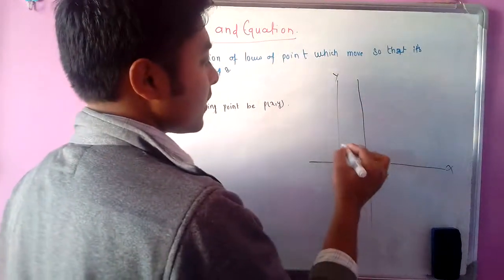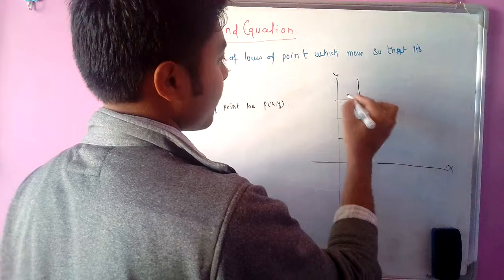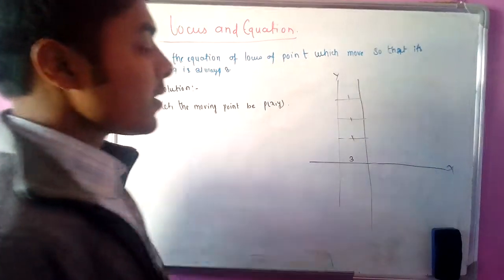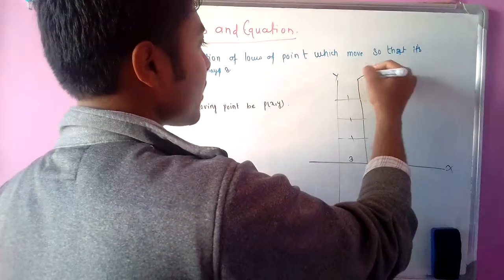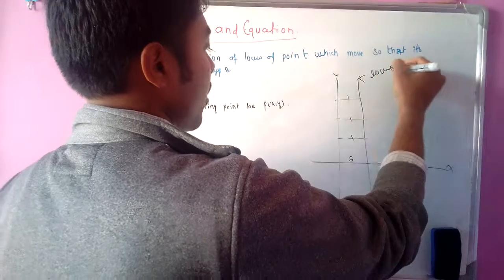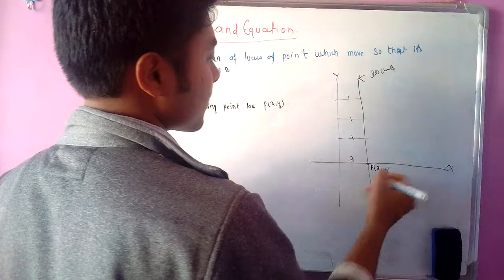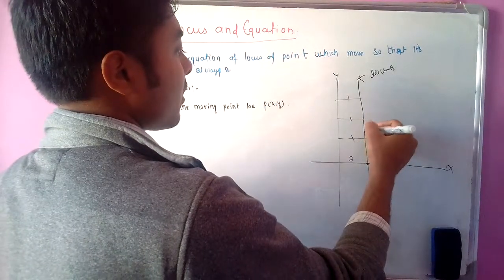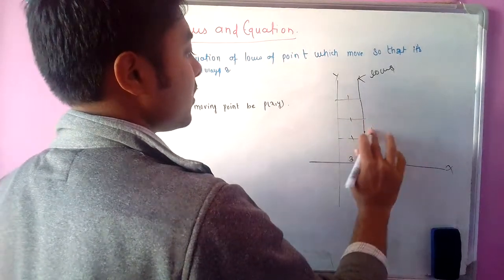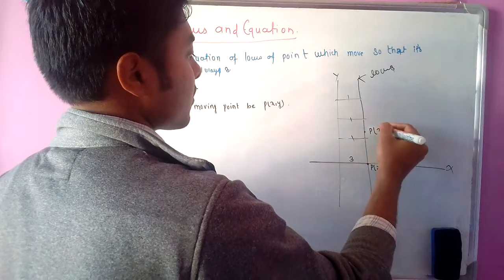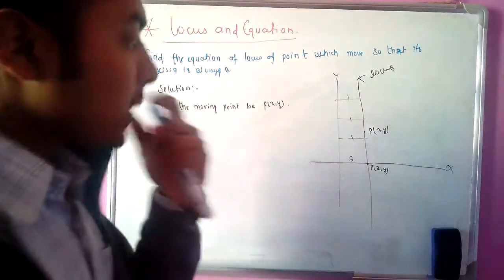If this is 3, then it always remains the same; this equals this equals this. This is our required locus, the path where the point P(x, y) lies. Here, here, or here, anywhere P will lie.